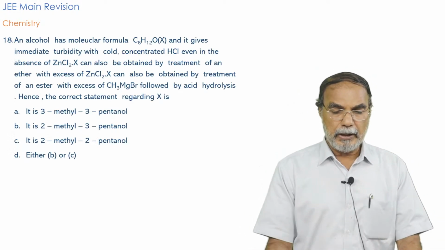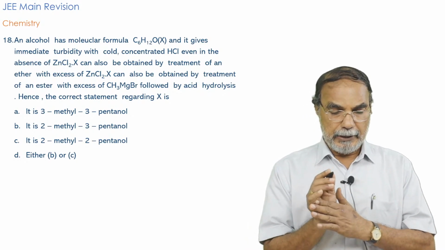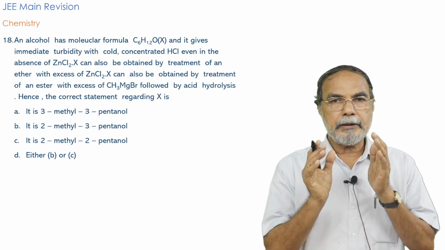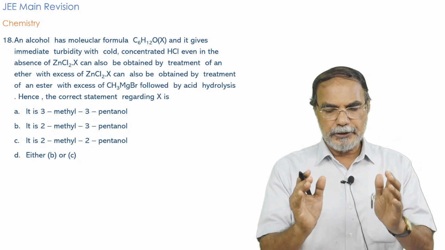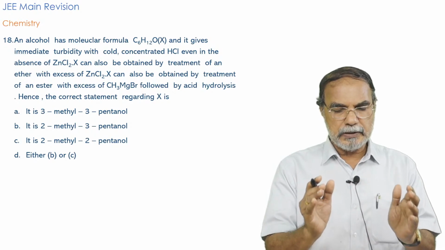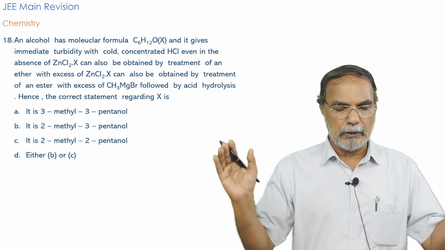Now here you have an alcohol of the formula C6H12O, that is question 18, and it gives immediate turbidity. You have to listen to that. Immediate turbidity with cold concentrated HCl, even in the absence of anhydrous ZnCl2, means the compound is a tertiary alcohol.